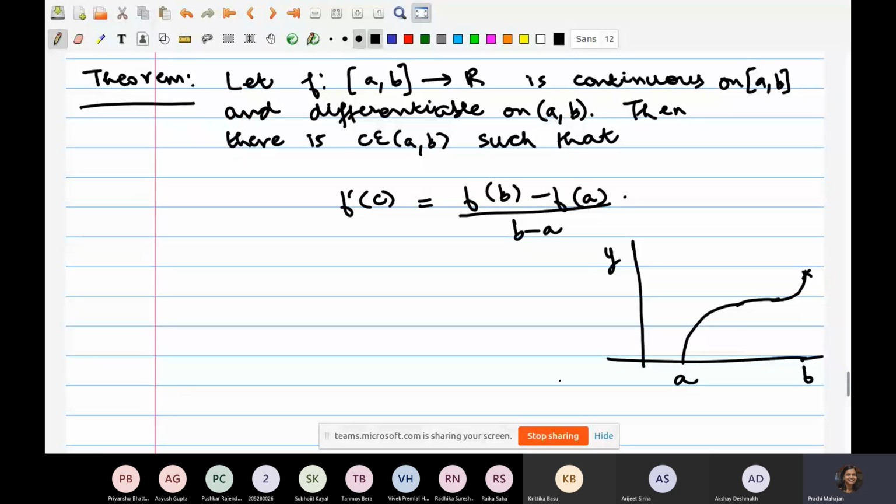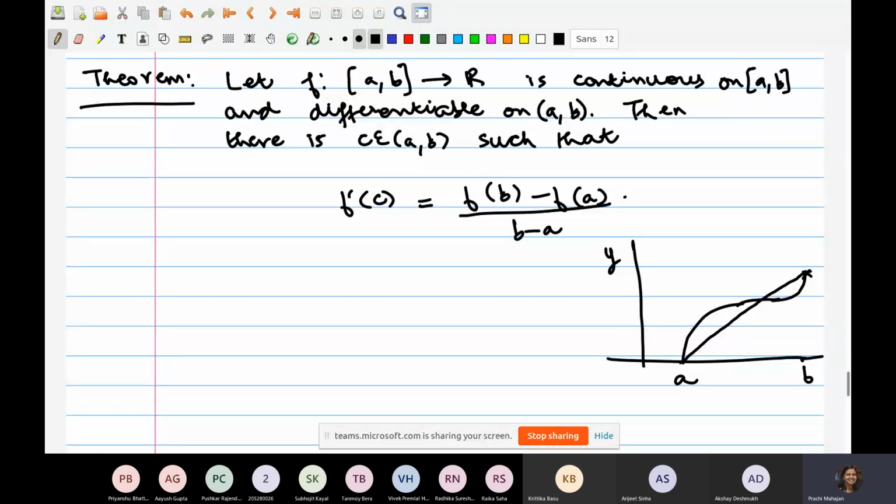So what does the right hand side denote? The slope of the line joining (a, f(a)) and (b, f(b)). So let's look at this line segment which joins (a, f(a)) and (b, f(b)).